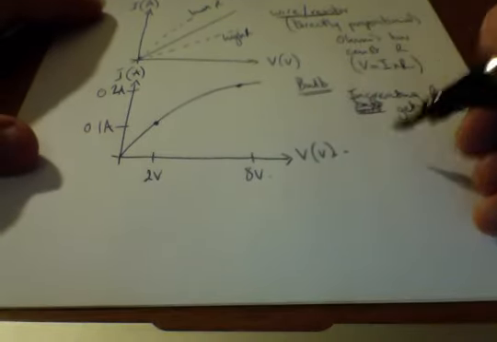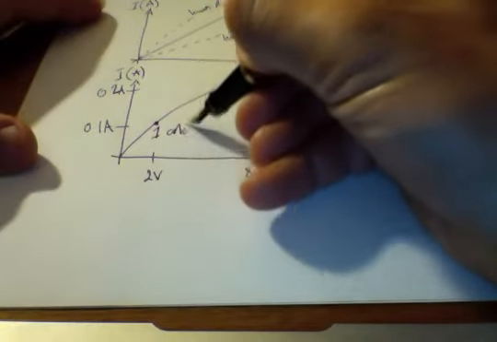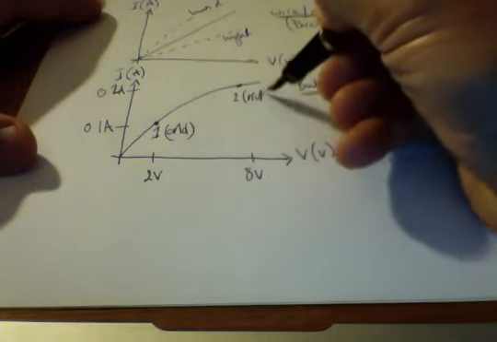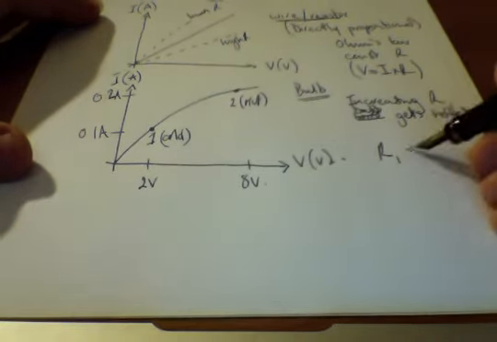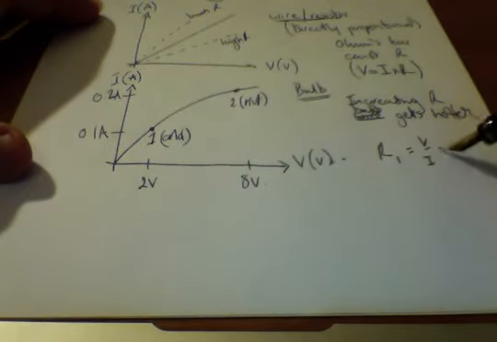Okay, what's the resistance at point 1, or as we call it, the cold point, because it's getting hotter as you increase the voltage, and the resistance at point 2, which is hot. So resistance at point 1 is going to be voltage divided by current, 2 divided by 0.1, giving me 20 ohms.